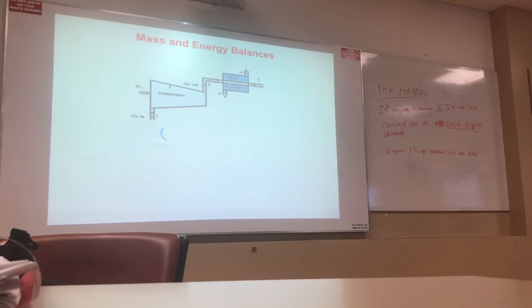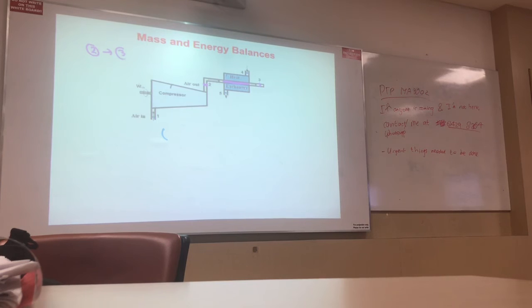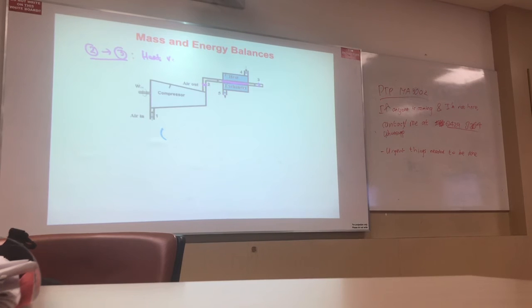Okay, now I am going to show you energy balance between 2 to 3. What is happened here? 2 to 3 is here, right? This is the pink color body. So 2 to 3, what we can write? Between 2 to 3 is heat rejection, correct? I just follow the previous thing.